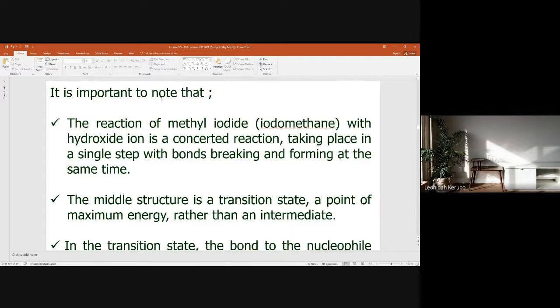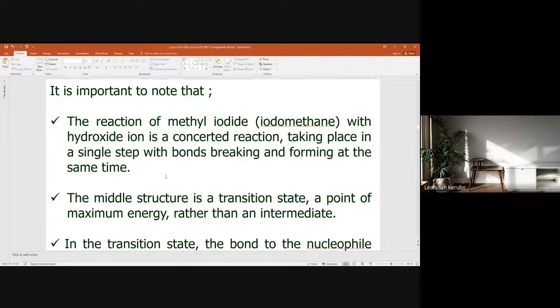It's important to note that the reaction of methyl iodide, that's iodomethane, with hydroxide ion is a concerted reaction taking place in a single step, with bonds breaking and forming at the same time. So it's not a many-step reaction, it's a concerted, one-step reaction with bonds breaking and forming at the same time.